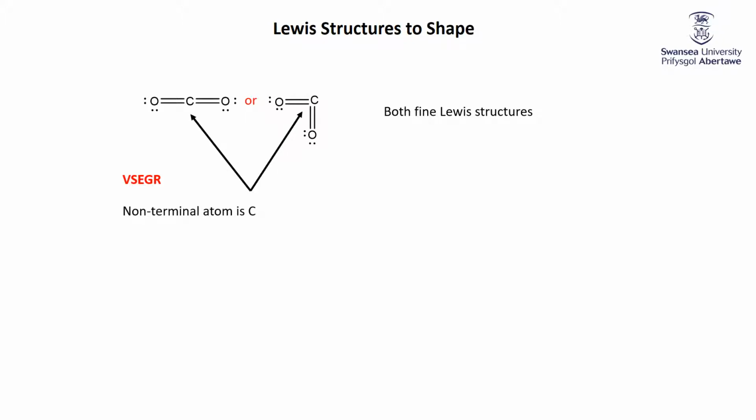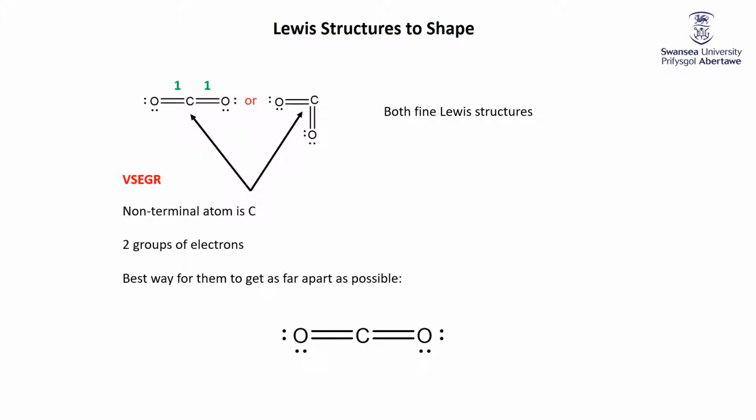So the central atom is C. C has got 2 groups of electrons around it, one group there, one group there. Those 2 groups of electrons around that carbon want to get as far apart as possible.